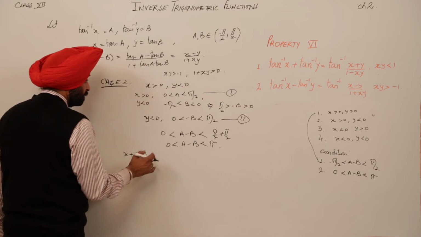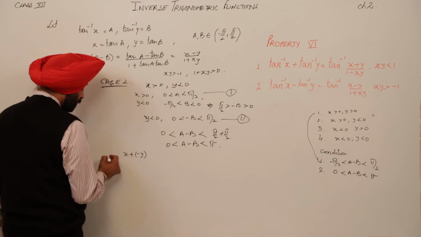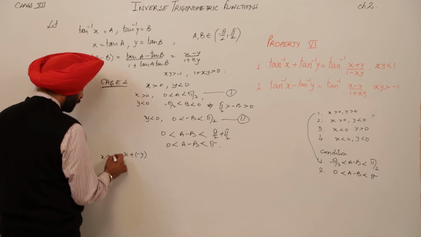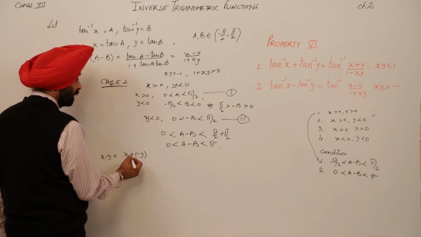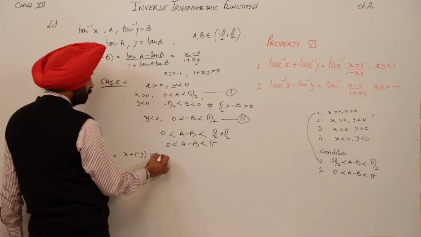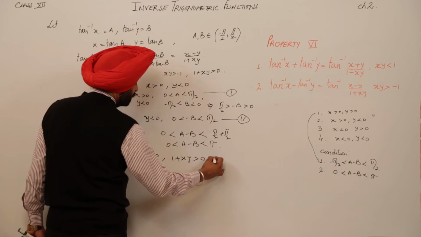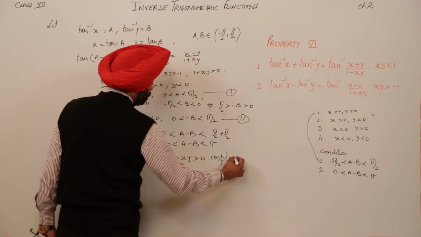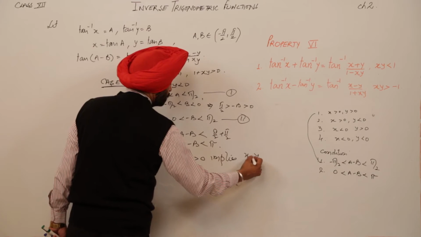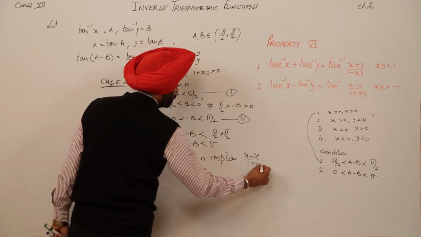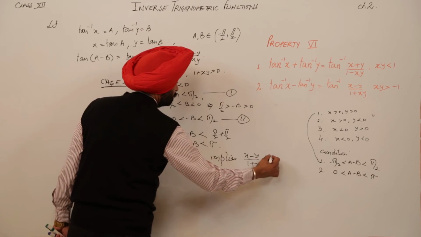So we can write x plus minus y is greater than 0 and 1 plus xy is greater than 0, and this implies x minus y upon 1 plus xy is greater than 0.